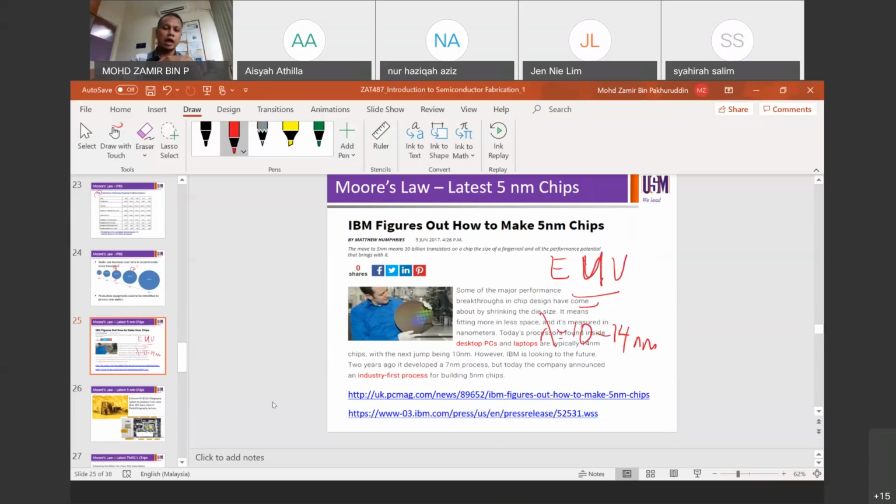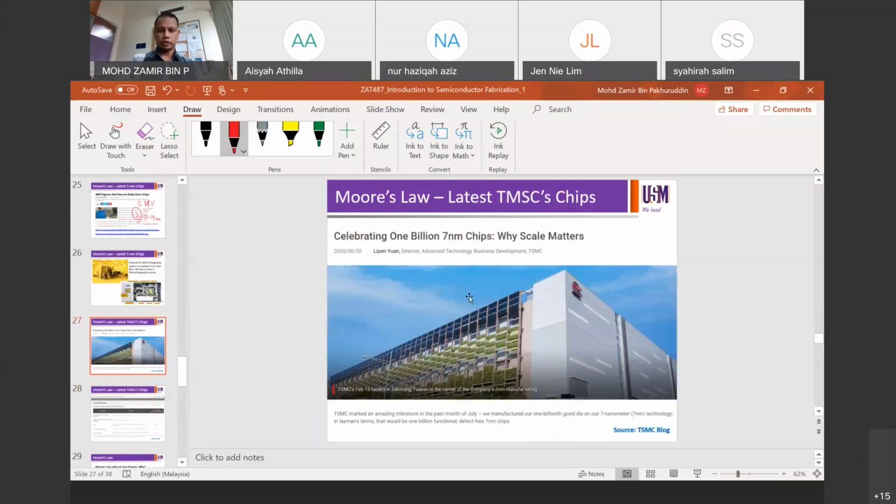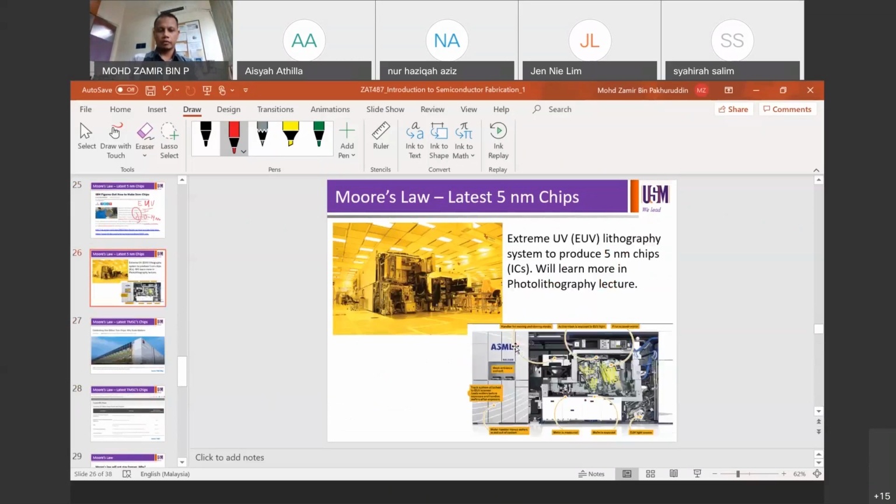You're going to see how the exposure wavelength of the system evolves as well when we discuss the photolithography process later on. Right, 5 nanometer chips can only be fabricated if you have an extreme UV system, or EUV system.